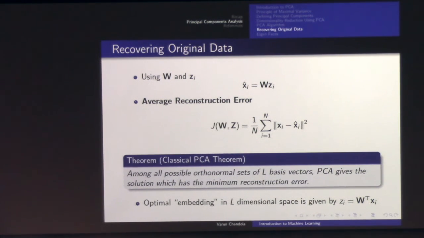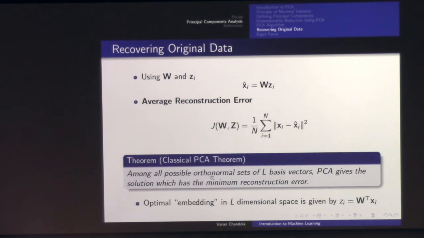But then I say reconstruct my Xi's using this embedding, and I want a solution in which, if I take my original data and compute its error with your reconstructed data, it should be minimum. Then PCA will give you that minimum. There is no other way that will give you the minimum. The only way to find the reconstruction which gives you the minimum error is through PCA. That's called the classical PCA theorem.